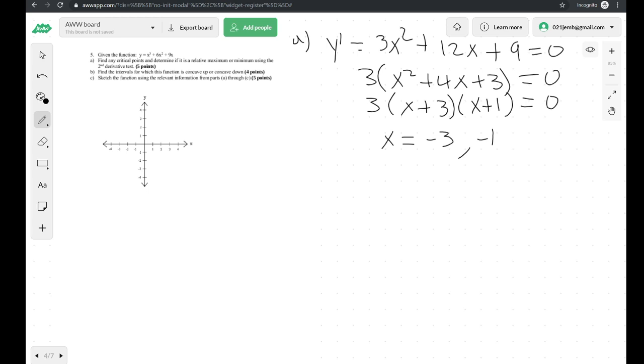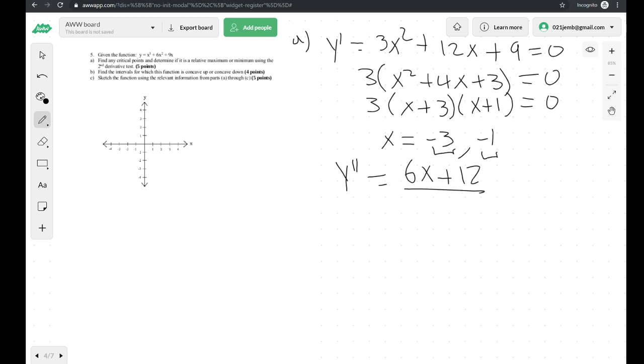Boom. So we need to know if these are going to be relative minima or relative maxima. In order to do that, we can either do a line test, but here they are suggesting the second derivative test. So let's take the second derivative of this function, and that's going to be y double prime equals 6x plus 12. And then we want to test each of the critical points in the second derivative function.